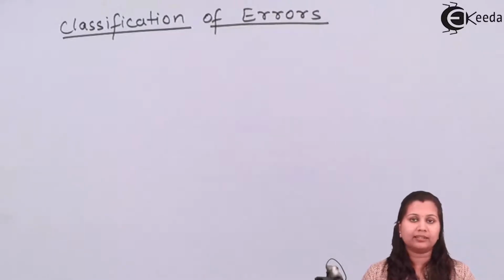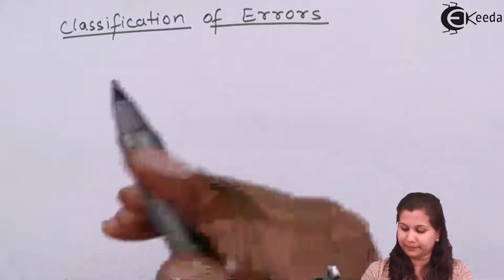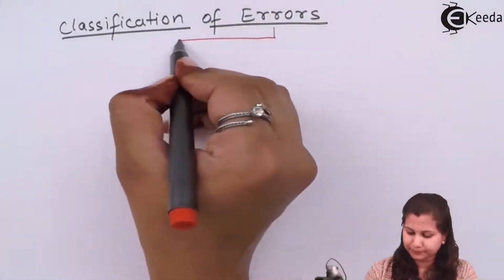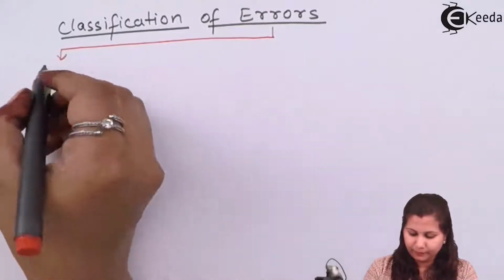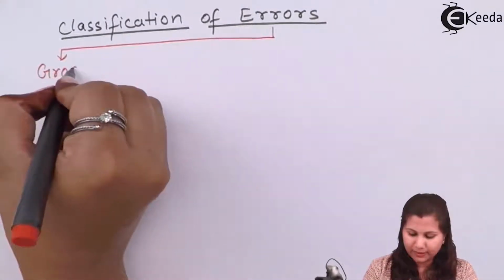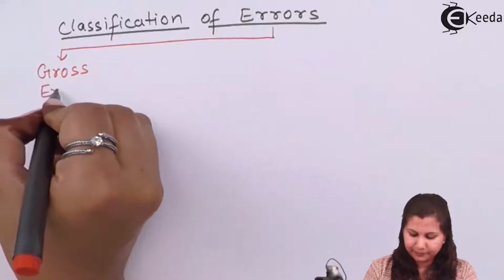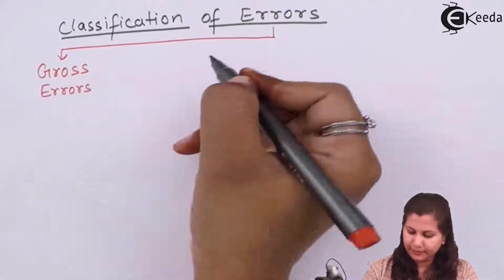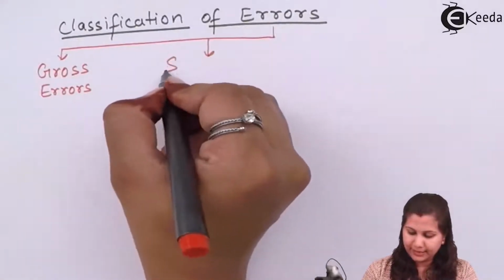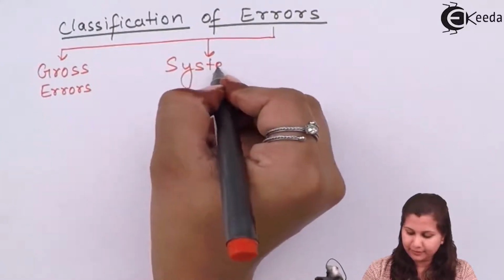If we see the classification, the errors are broadly classified into three categories. First is the gross errors. Second is systematic errors.